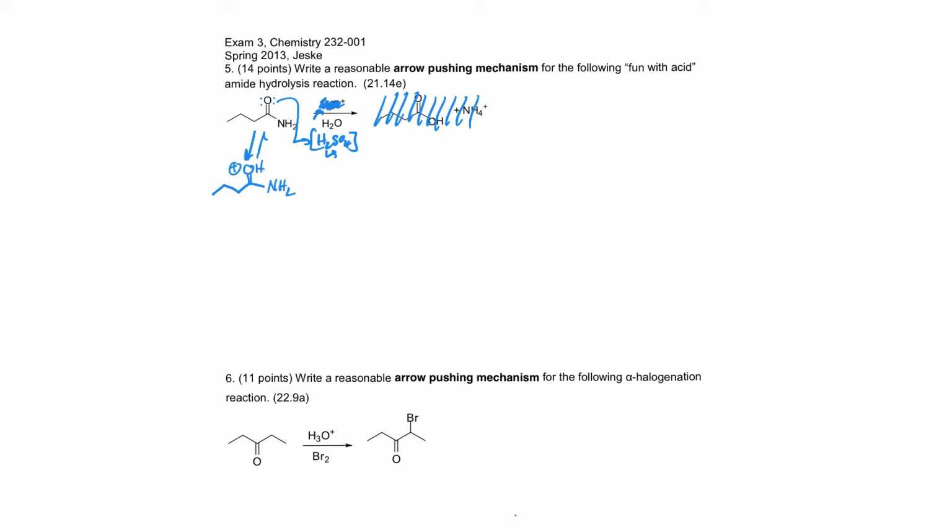Now I have a better electrophile, and water can add to that electrophile to make this species. And I need to remove a hydrogen from this so I can put it somewhere else. And I'm going to do a proton transfer.